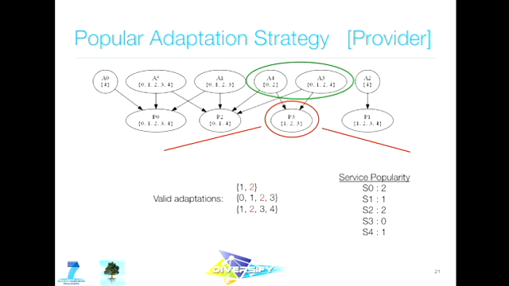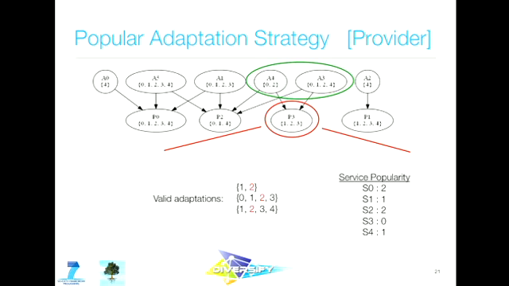For example, these are some valid adaptations for producer 3, who's connected to A4 and A3: you can drop 3, you can add 0, or you can add 4.